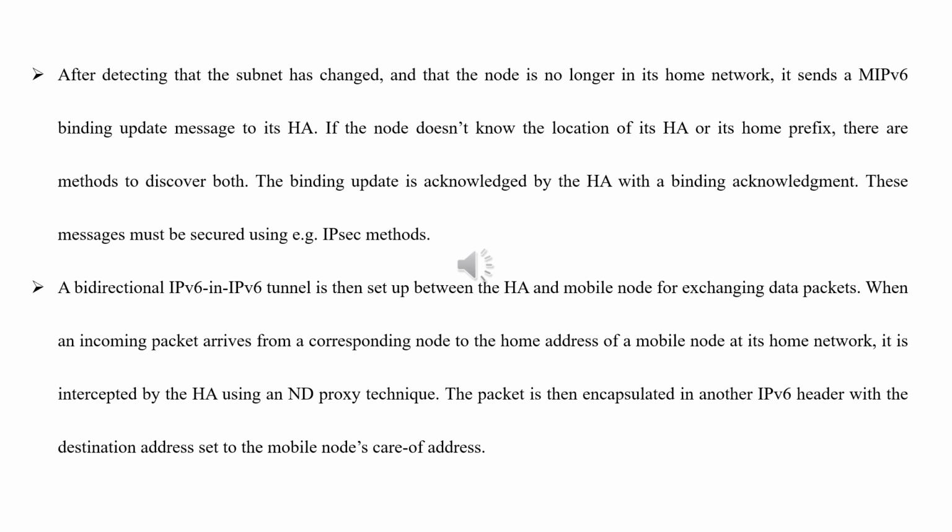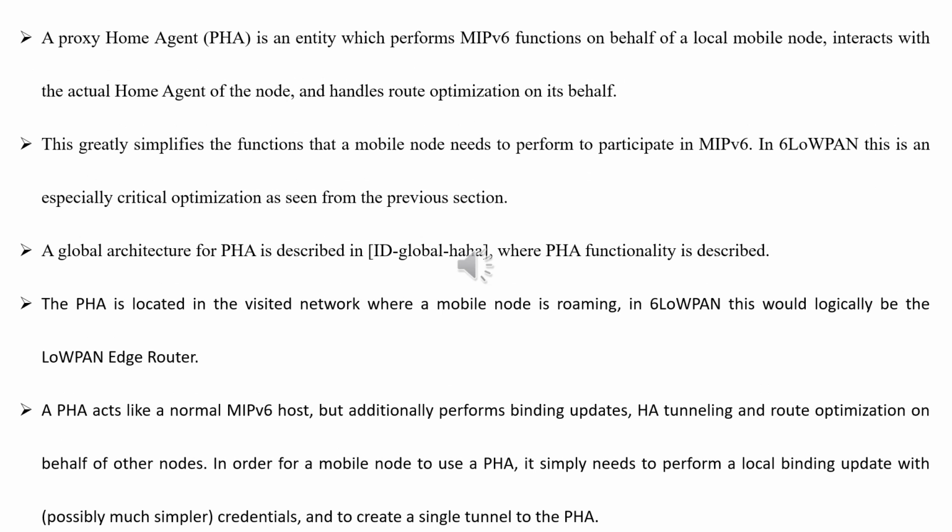The packet is then encapsulated in another IPv6 header with the destination address set to the mobile node's care-of address. A proxy home agent is an entity which performs mobile IPv6 functions on behalf of a local mobile node, interacts with the actual home agent of the node, and handles route optimization on its behalf.